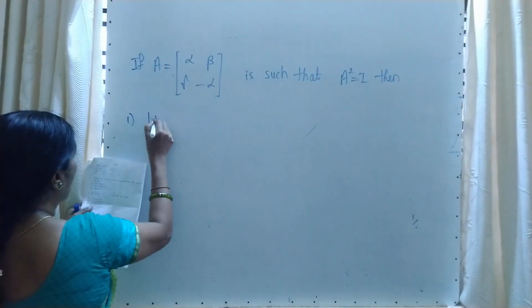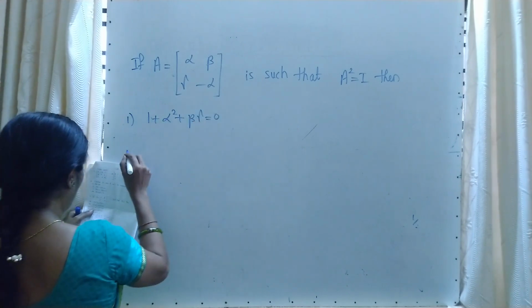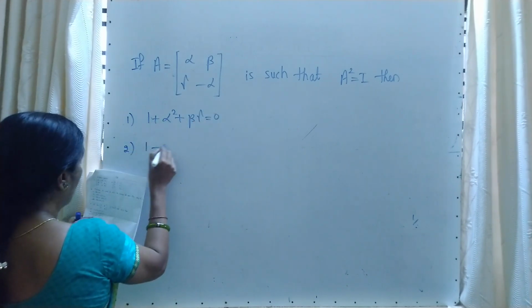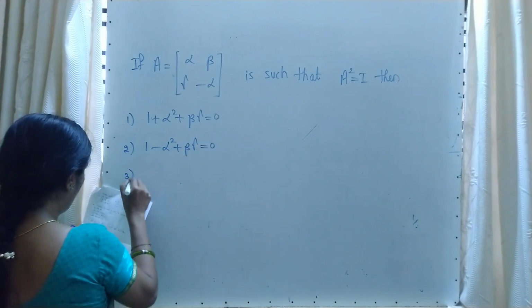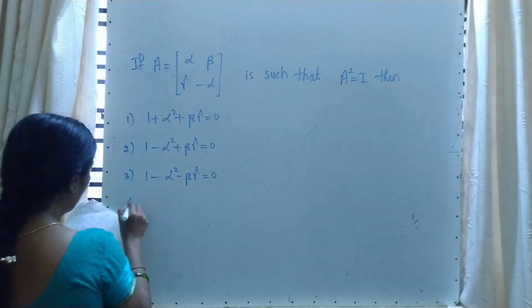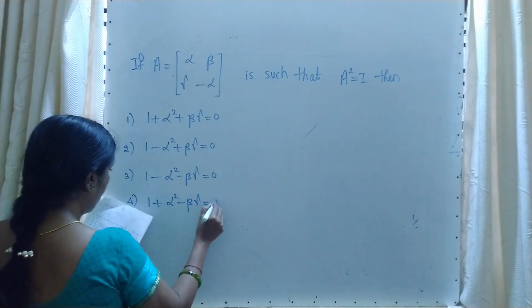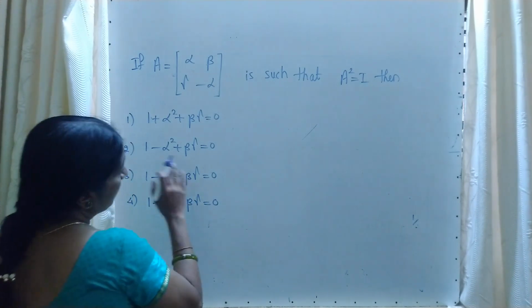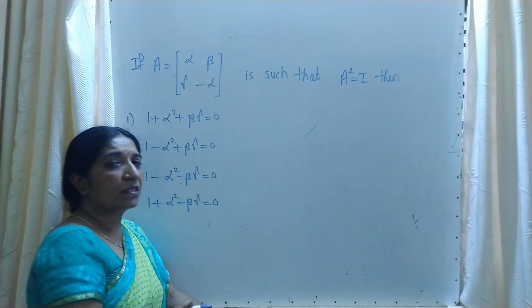First one, 1 plus alpha square plus beta gamma is equal to 0. Second one, 1 minus alpha square plus beta gamma is 0. Third one, 1 minus alpha square minus beta gamma is 0. Fourth one, 1 plus alpha square minus beta gamma is 0. These type of examples, 99% they will come in the CET only.